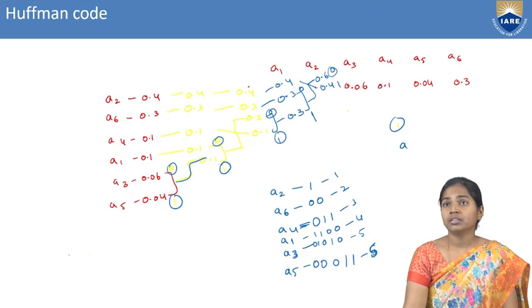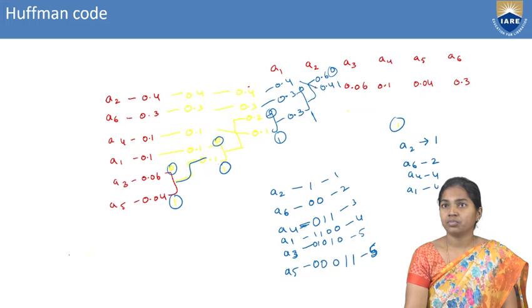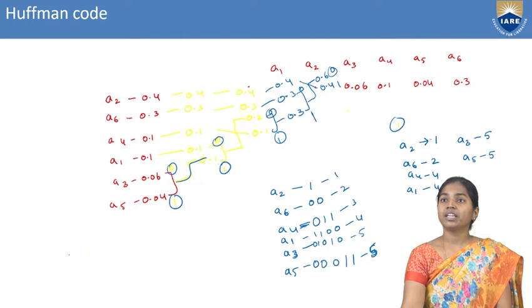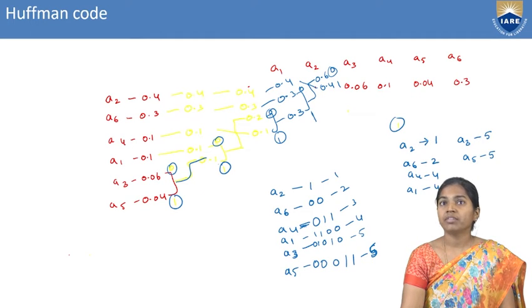So here A2 is represented with 1 bit, A6 is 2, A4 is 4, A1 is 4, A3 is 5 and A5 is 5. So multiply 1 into 0.4, 2 into 0.3, 4 into 0.1 and 4 into 0.1, 5 into 0.06 plus 5 into 0.04.